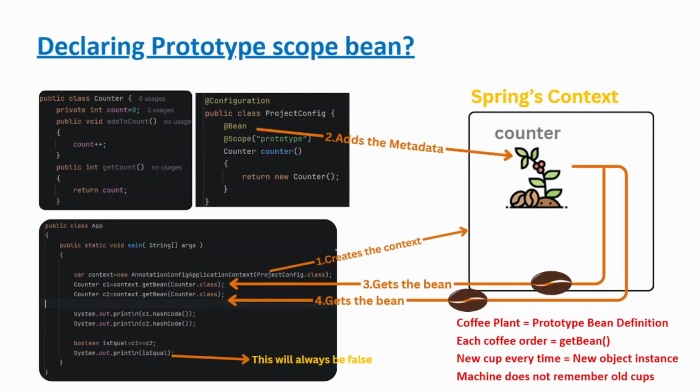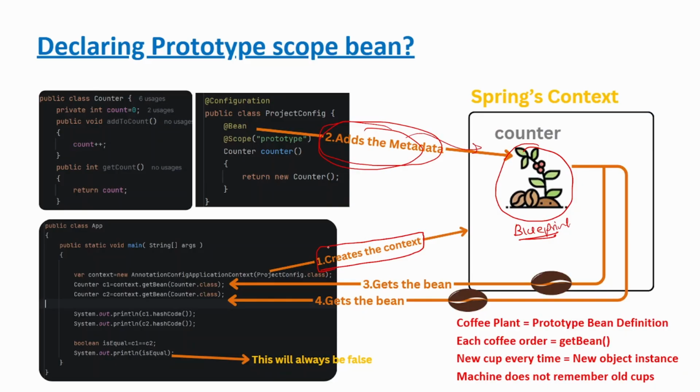So what happened? When we write this, the Spring container is started, and initially only the metadata or blueprint of the bean is stored in our Spring context. At Spring startup, it only adds the metadata or blueprint to the Spring context, and every time we request an instance, Spring first looks up the bean definition, creates the instance, runs the initialization method, and returns the bean.